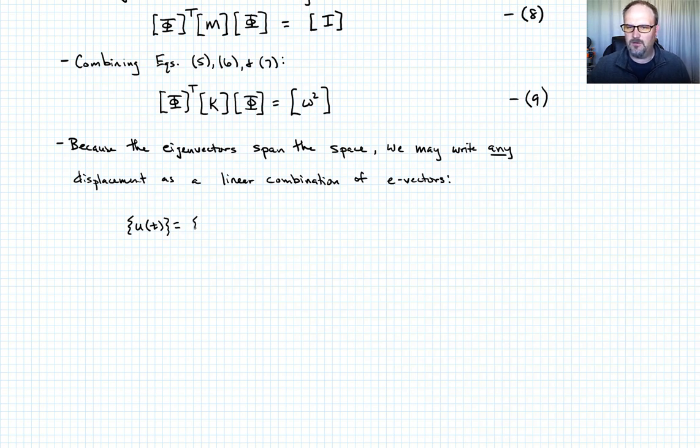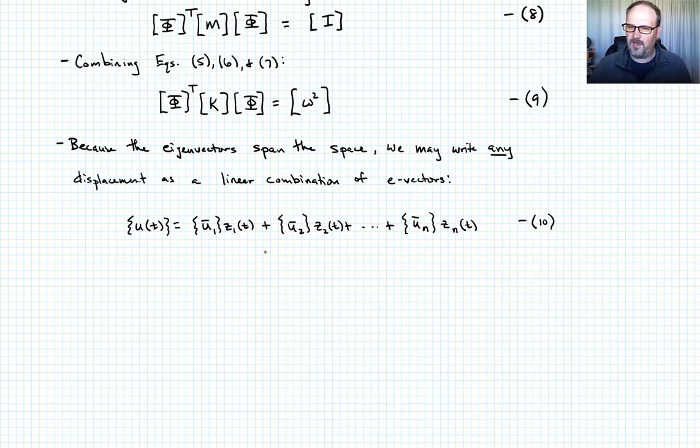It's going to be equal to a linear combination of my eigenvectors, u1 bar times some coefficient. We'll call it z1, which could be a function of t, plus u2 bar times z2 of t, plus ... up to n, right? un bar times zn as a function of t, right? Let's go ahead and call that equation 10.